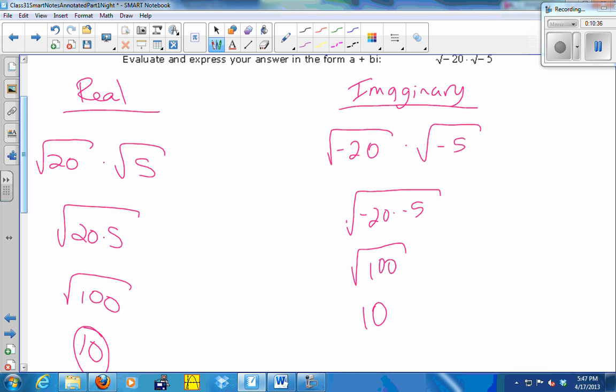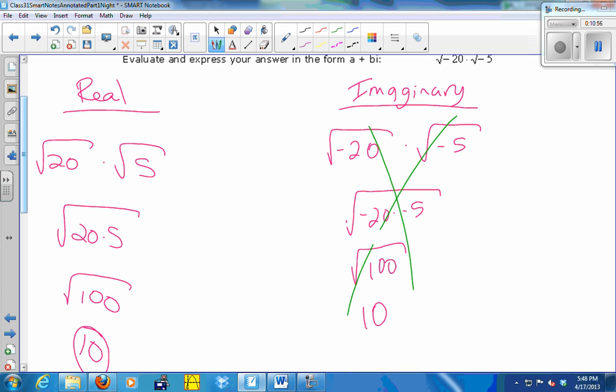And it just seems like these shouldn't be the same answer, right? You're like, that is weird that they come out the same when these are both imaginary. So this is actually not right. So you can't do this with imaginary numbers.